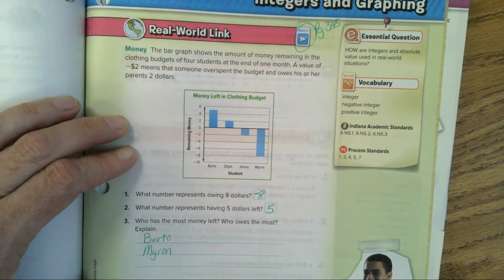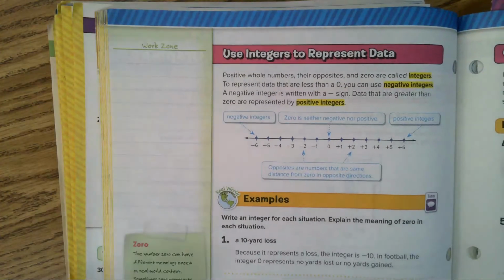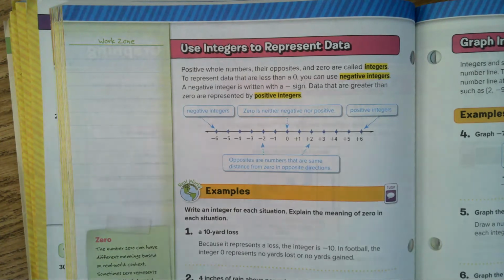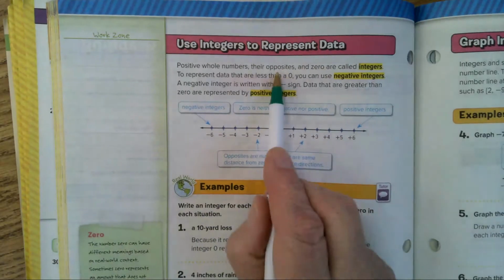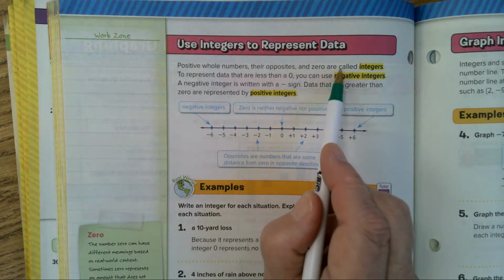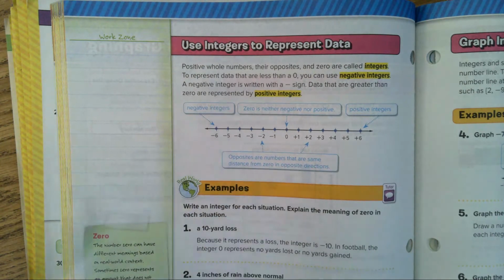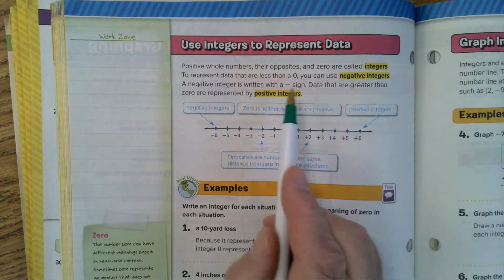All right, now let's go on to the next page, page 346. Use integers to represent data. Here we go. Positive whole numbers, their opposites, and 0 are called integers. To represent data that are less than 0, you can use negative integers. A negative integer is written with a dash sign.